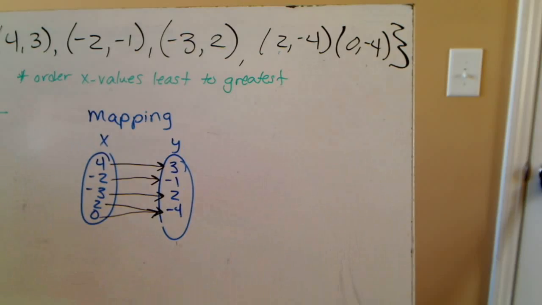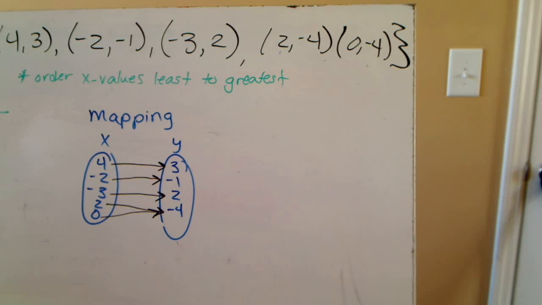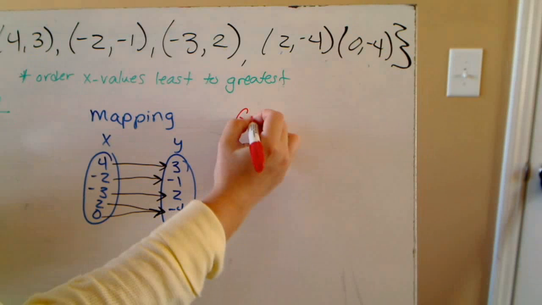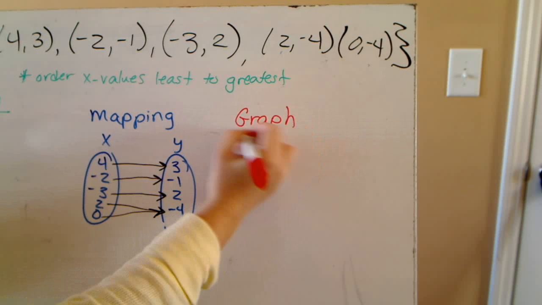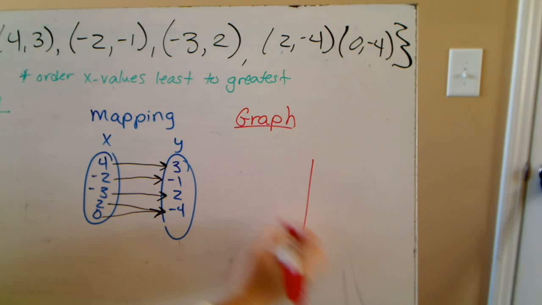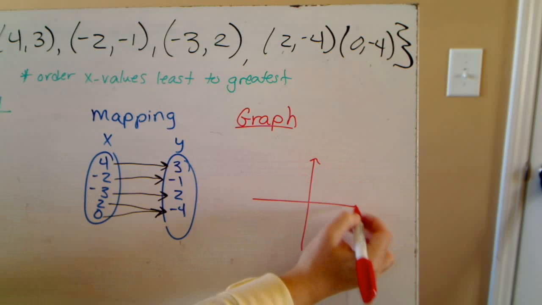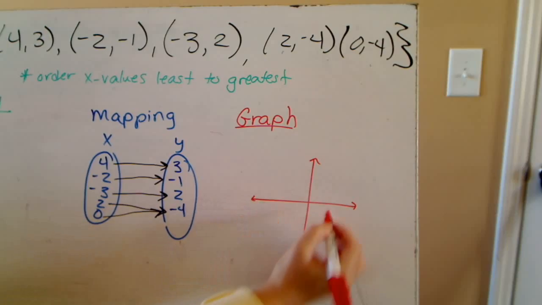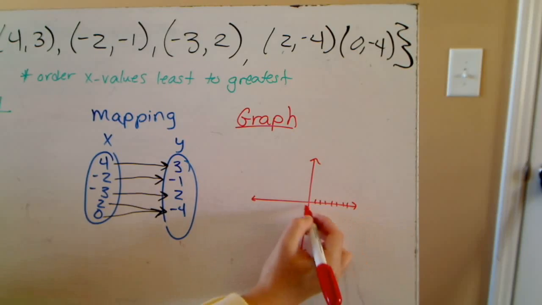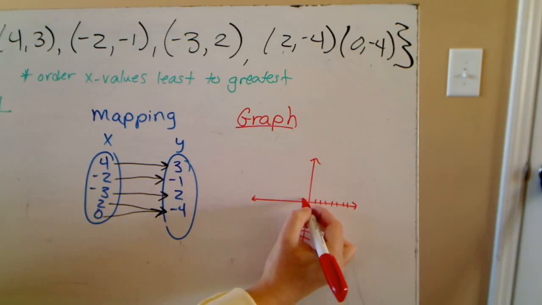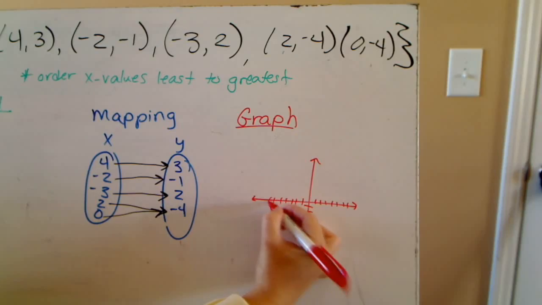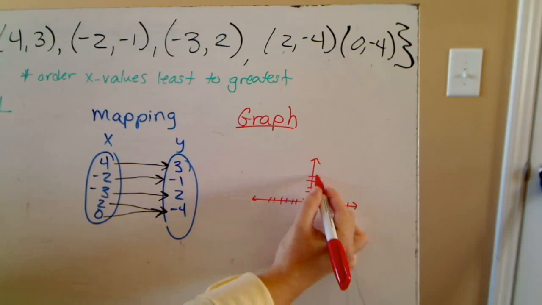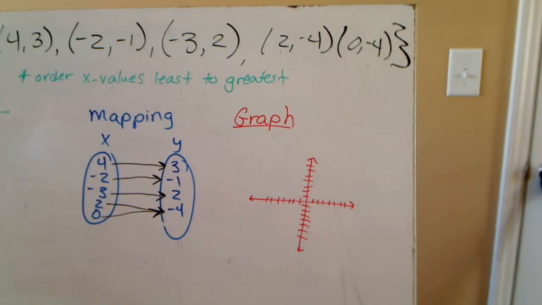But for the purpose of this, because it is just really quick, I'm just going to write them down on a rough sketch of a graph. Okay, so I just went 7 up, down, left, right.